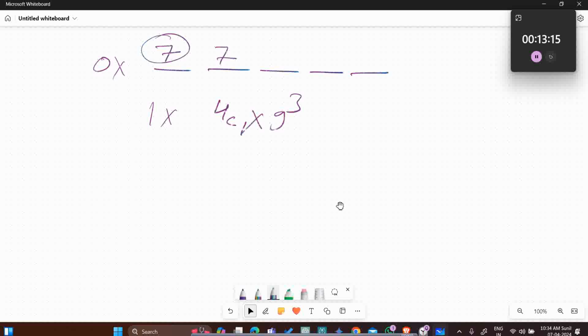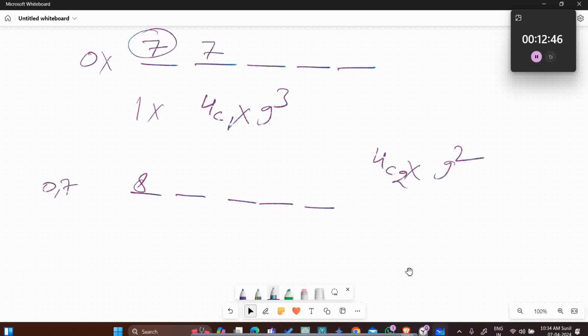But when we are not starting with 7, we cannot start with 0 and 7, so we have 8 choices here only. For the rest we have 4C2 places for placing 7, and the rest is 9 to the power 2 for the remaining digits, right? 4C2 into 9 to the power 2, into 8 also.